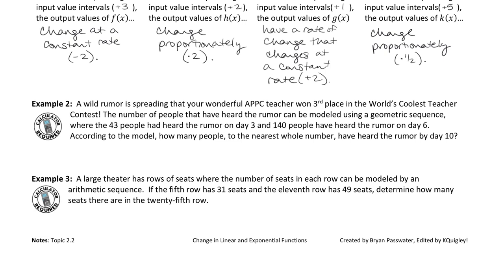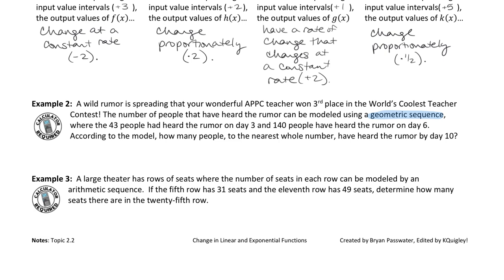Let's highlight the fact that it says geometric sequence, because we're going to politely ignore that and treat this like the function that goes with geometric sequences. 43 people had heard the rumor on day 3, and 140 people have heard the rumor on day 6. According to the model, how many people to the nearest whole number have heard the rumor by day 10?